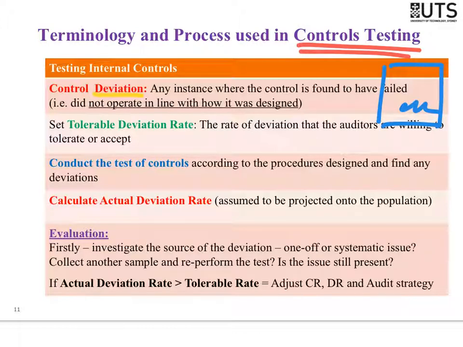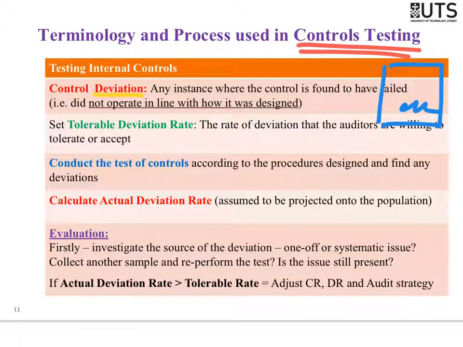What that means is any document that we look at that does not have the signature, that's a deviation. A deviation is any instance where the control didn't work. So you need to identify, as part of step 1, what would be a deviation in this test. Here's a good way of thinking about it. What are you looking for? If that thing is not there, it's a deviation. All right? I'm looking for the signature. If it's not there, that's a deviation.